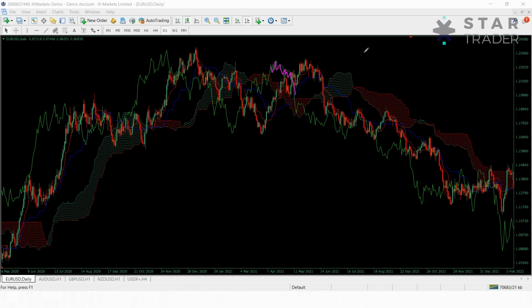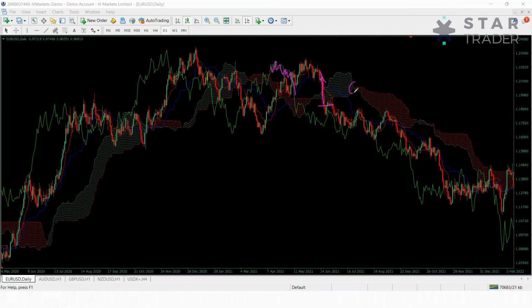Okay, maybe that was a trap from the market. So the market is now maybe shifting trend again. So all we need is to confirm the moving average cross, and then the cloud to turn from green to red, and the market, as you can see, to close below the cloud.